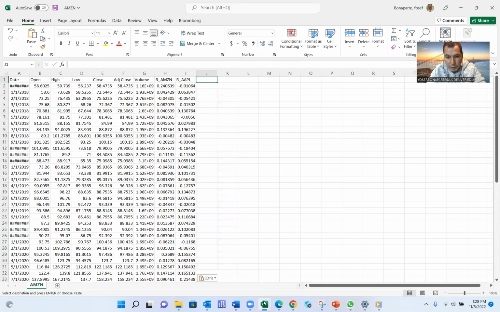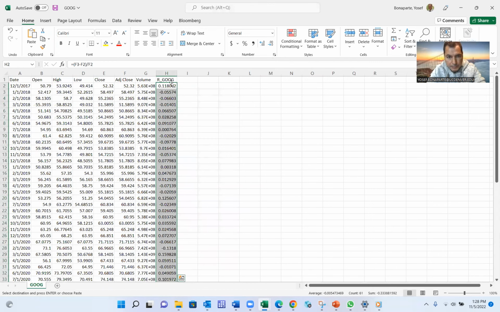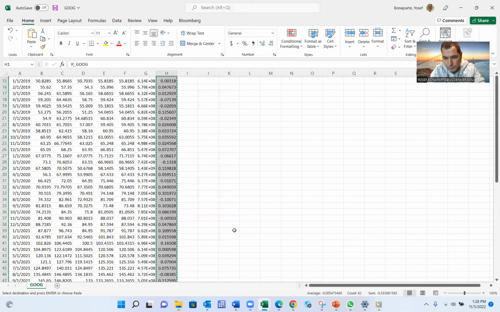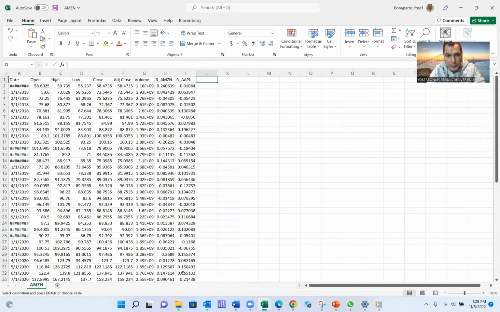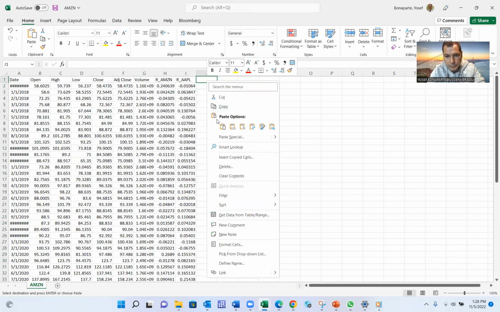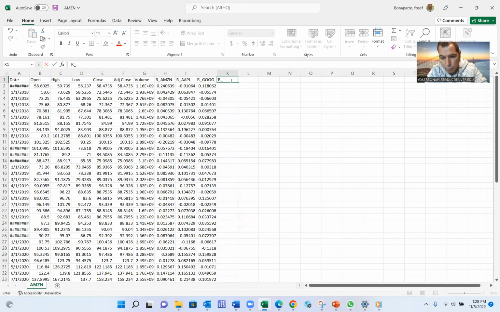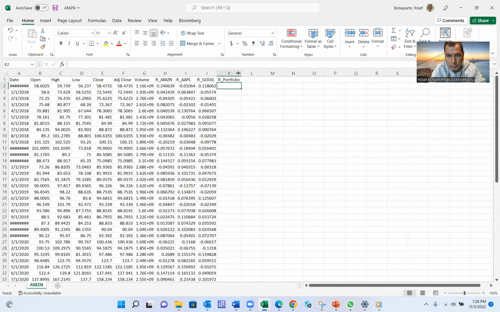And now we need to get the Google. Right-click, copy. Go back here. That's Google. Values. And then from these three, I'm going to calculate the RP, or portfolio return. In this case, our portfolio equals Amazon times 0.2.